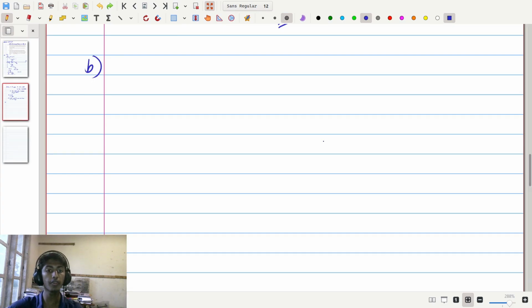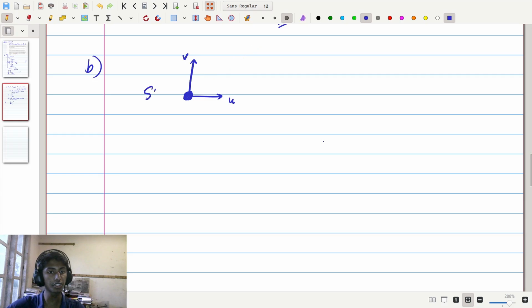Now, if we consider all of this in a diagram, if we draw the ship somewhere over here, this ship is going to have a velocity component in the horizontal direction eastward of u, and a velocity component in the vertical direction northward of v. So overall, the resultant velocity of this ship is going to be in this direction.